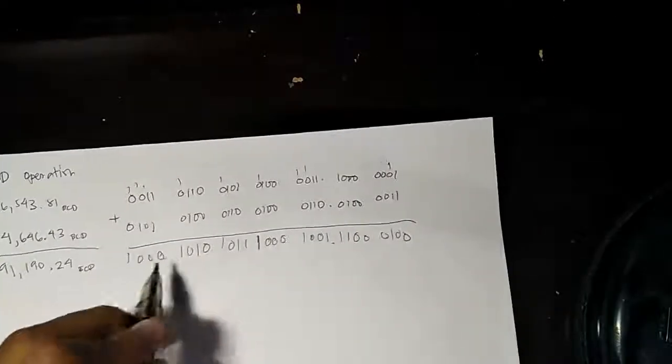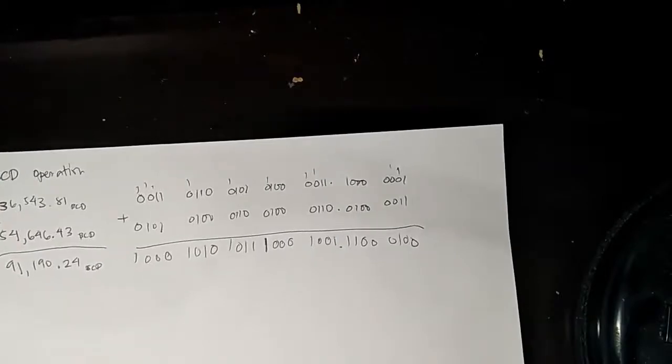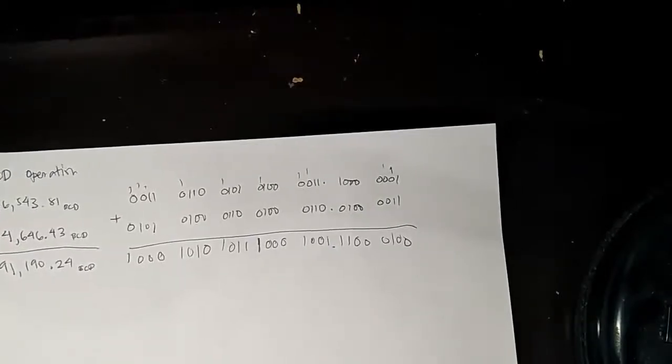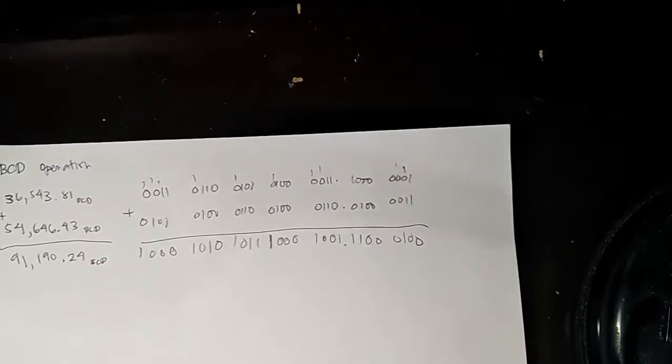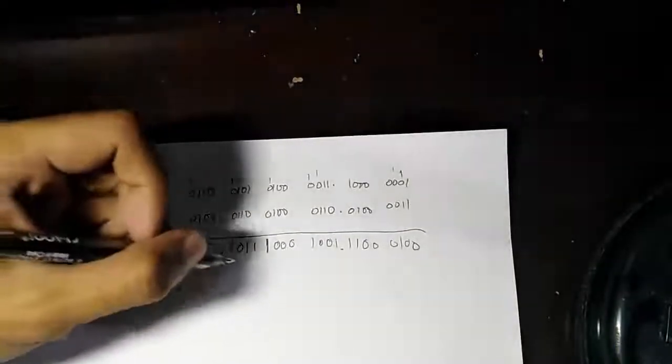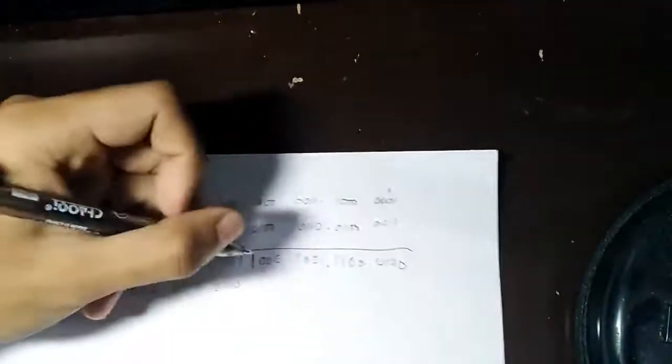Observe the results. If you have observed a binary equivalent that is equal to or greater than 9, you have to add the binary number of 6. Here, this is not greater than 9, so we add 0000. Here, this is greater than 9, so we have to add 0110. Here, this is also greater than 9, so 0110.